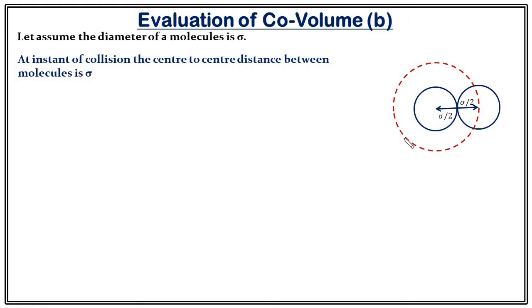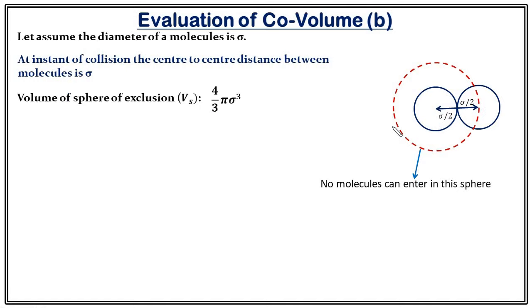What is the importance of this bigger sphere? This bigger sphere is very important. Why? Because no molecule can enter this sphere. Around any molecule there will be a bigger sphere and no other molecule can penetrate that sphere, because from this cartoon it is very clear that the center of another molecule cannot penetrate this sphere.